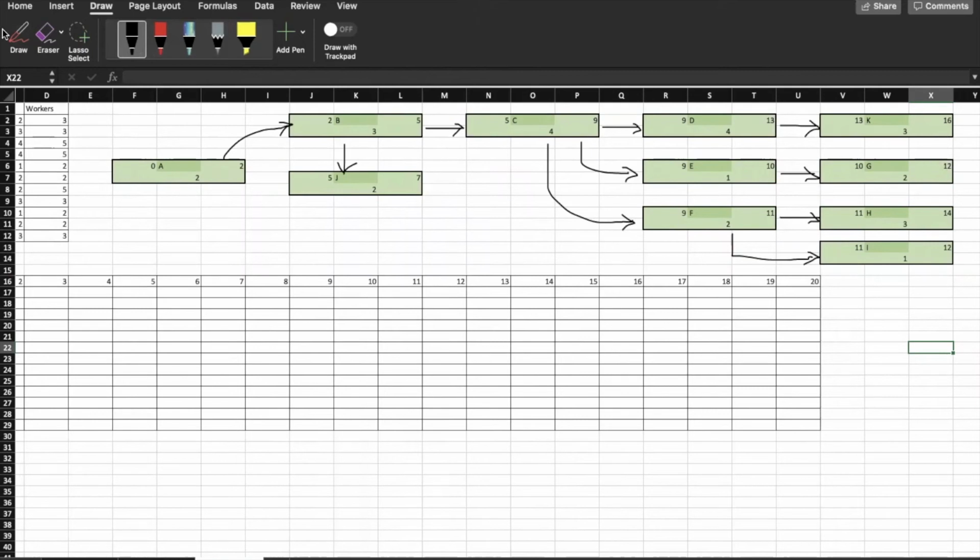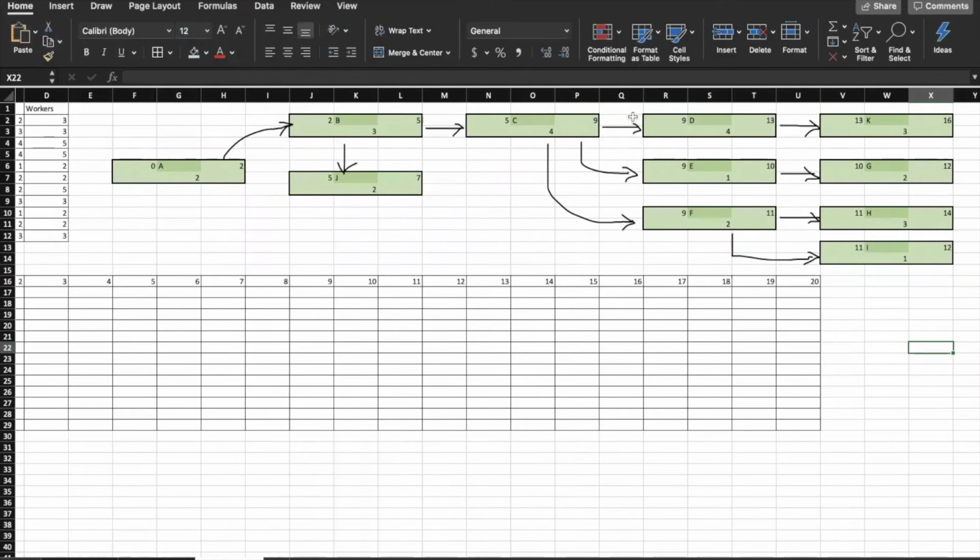So the latest date that we can finish an activity is the 16th for K. So that's why I will highlight K in a different color and see how we can work backwards to find our critical path.